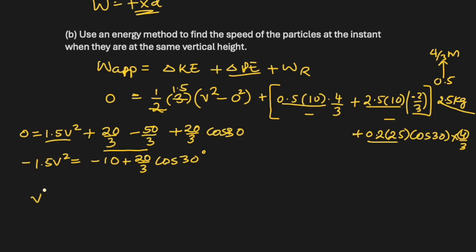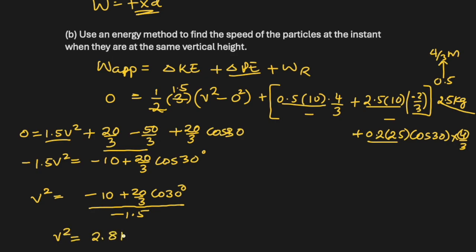So v square equal to minus 10 plus 20/3 cos 30 degrees, divided by negative 1.5. So v square comes out to be 2.8176464. There are more digits after this.